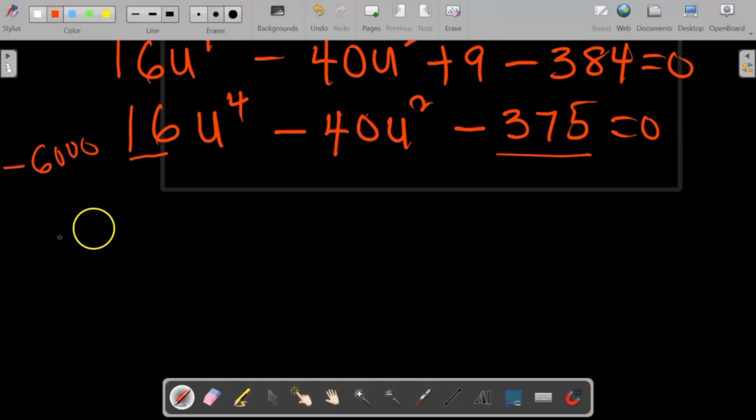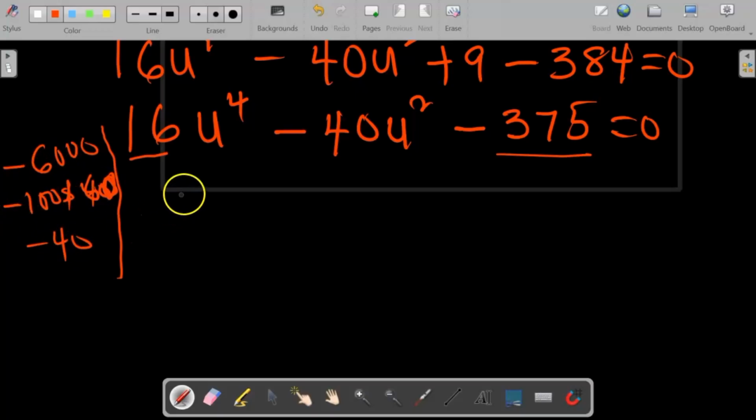Then here minus 40. So we think of two numbers. The product will be minus 6,000 and the sum will be minus 40. Minus 100 and 60. Minus 100 times 60 is minus 6,000. Minus 100 plus 60 is minus 40. So those are the factors.